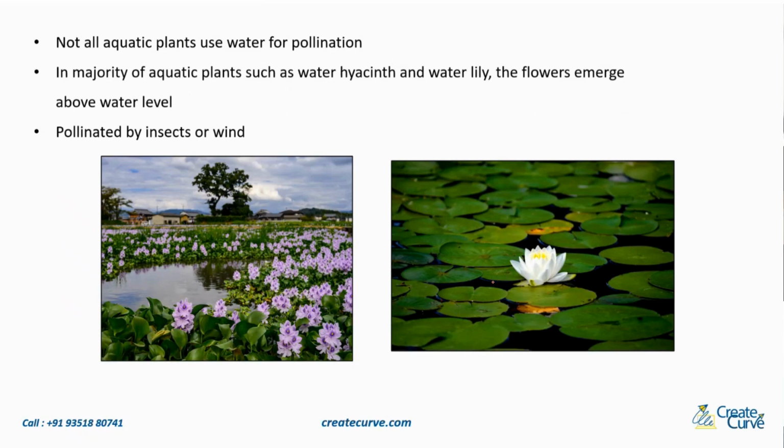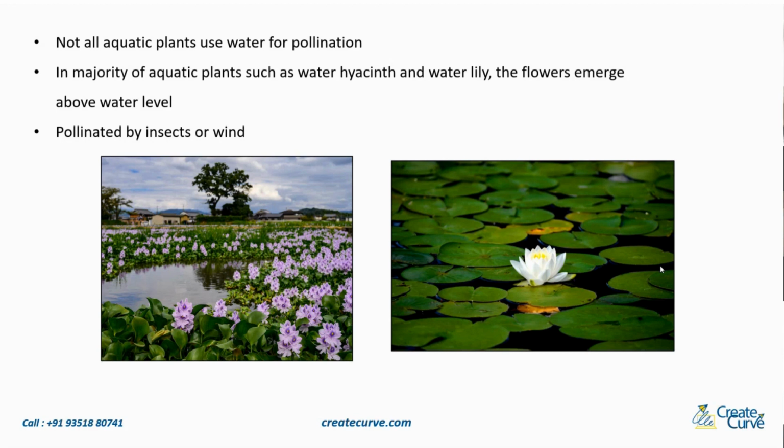Now, not all aquatic plants use water for pollination. In the majority of aquatic plants, such as water hyacinth, which is the first one here, with purple flowers, and water lily, the white one here, the flowers emerge above water level and then they will be pollinated by insects or wind. Can you see? The flower is above the water level, whereas the stalk and the stem and everything is under the water level.